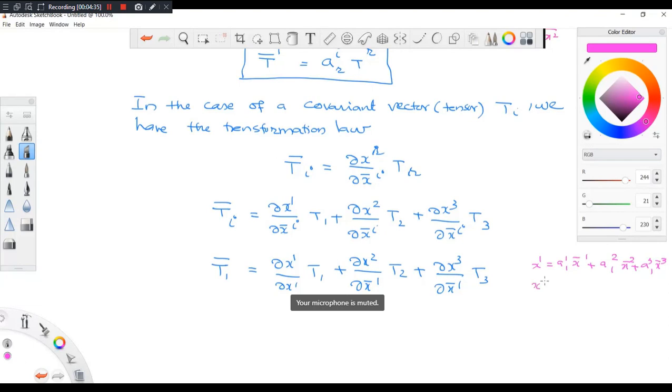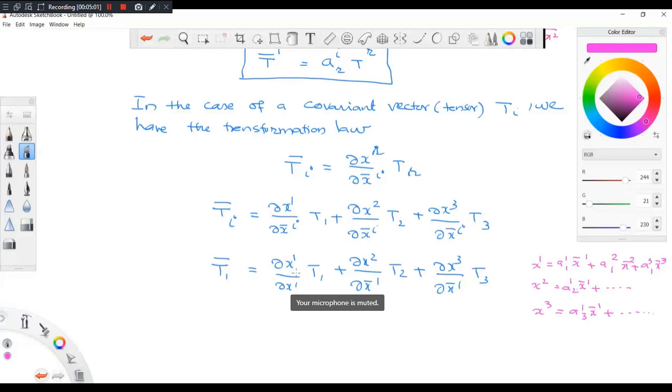What is x2? This is A12 into x1 bar plus etc. Similarly x3 is A13 x bar 1 plus etc. This is the thing.